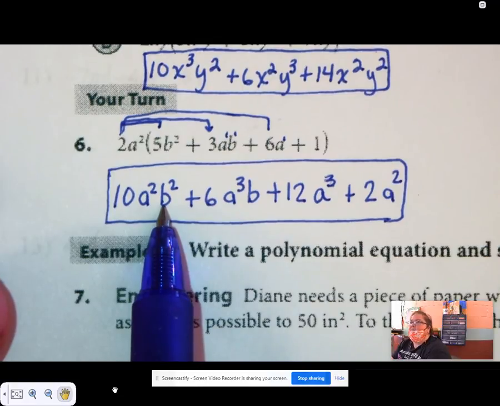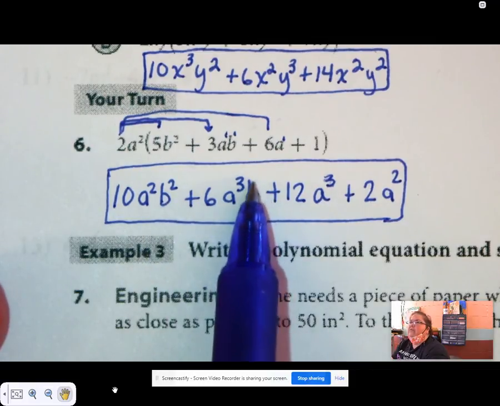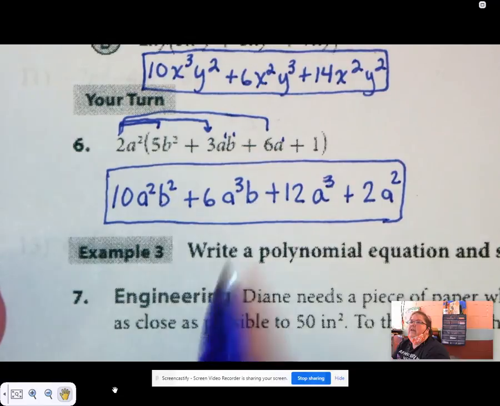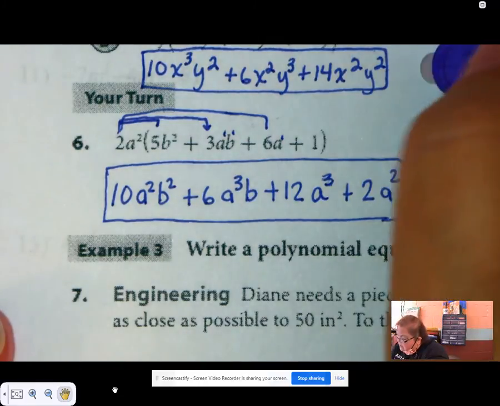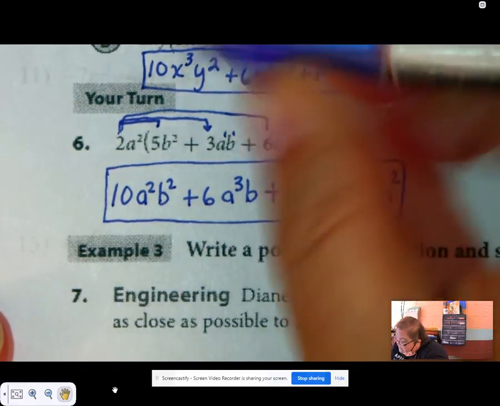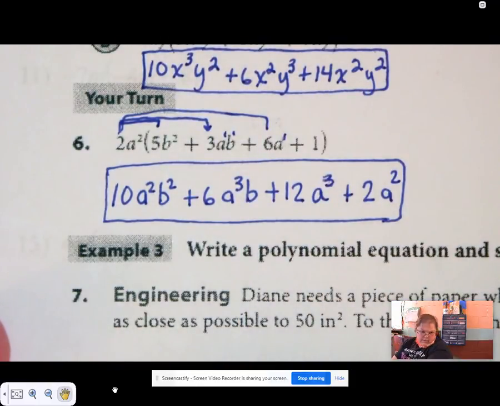Remember, if you can't combine it, if you can't do what you need to do with it, we bring it down. It comes down in the answer. And as a reminder, we don't bring a 1 into a final answer. Okay? Questions about that one? I put that there and it looks like a D. Okay, we're good about that. Okay. Questions?